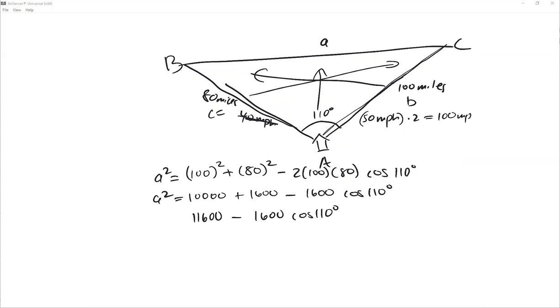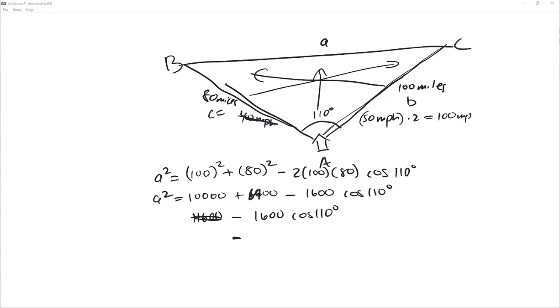So 1,600 cosine 110, this is negative. You guys good? Is 80 squared 6,400? You are right, thank you. My bad, it is 6,400. Thanks for telling me before we got too late.